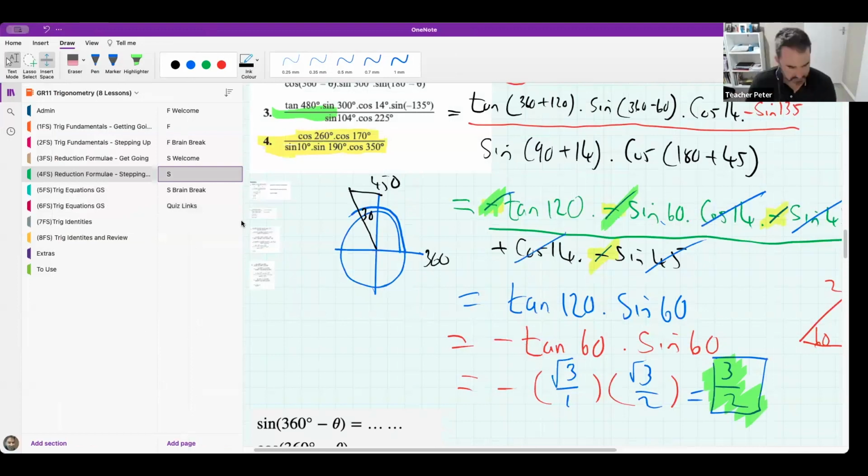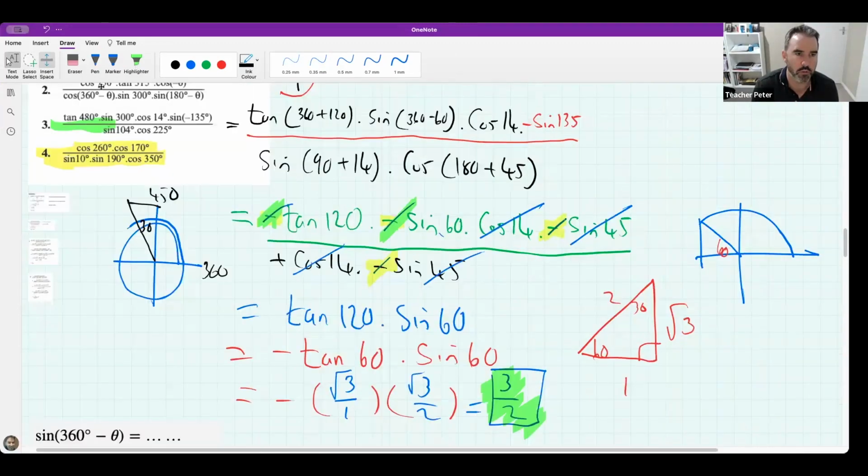The one that was causing problems was this 480. I could have reduced 480 by going to the vertical axis 450. But I thought, I don't deal with vertical axes that often. Let me rather go to 360, which admittedly made it a bit harder because it now reduces to 120. But then I could just reduce the 120 down to 60 later on.